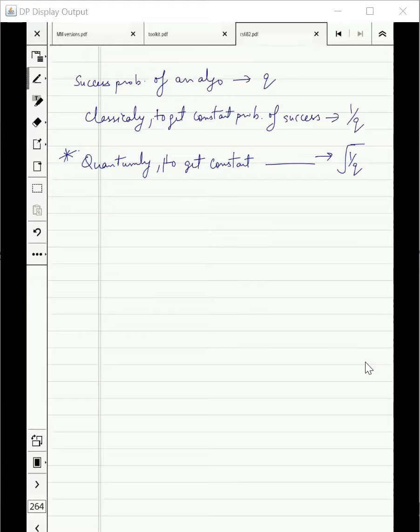The other way to say it would be that amplifying success probability from Q to constant requires 1 by Q steps classically.